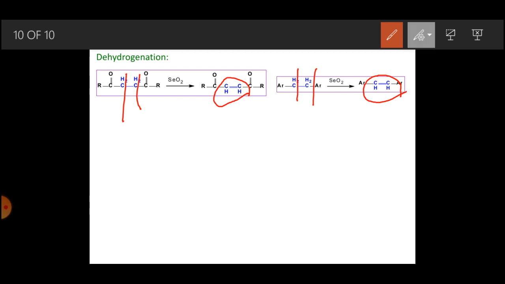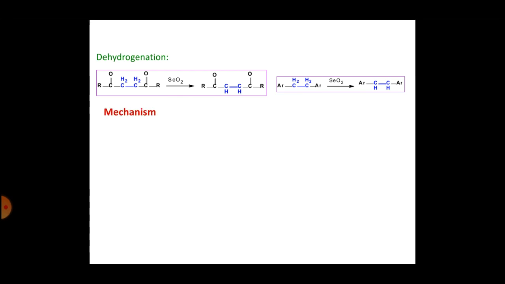Now try to look at its mechanism, how it is taking place. There are several proposed mechanisms for this dehydrogenation reaction. I will discuss only two which are in fact widely accepted.